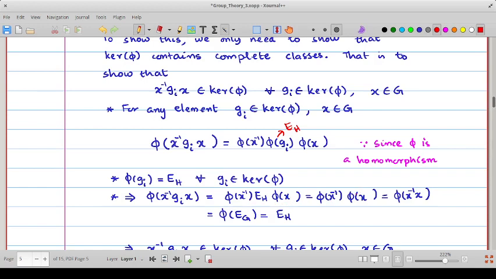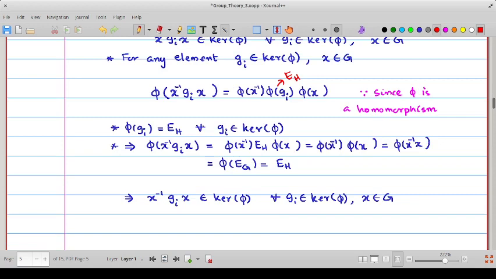But again, because phi is a homomorphism, we can write this product simply as phi of x inverse x, because phi of x inverse x is simply phi x inverse times phi of x, as we have here on the left hand side. But then x inverse x is EG, the identity in group G. So phi of EG, but we already know that phi of EG is EH.